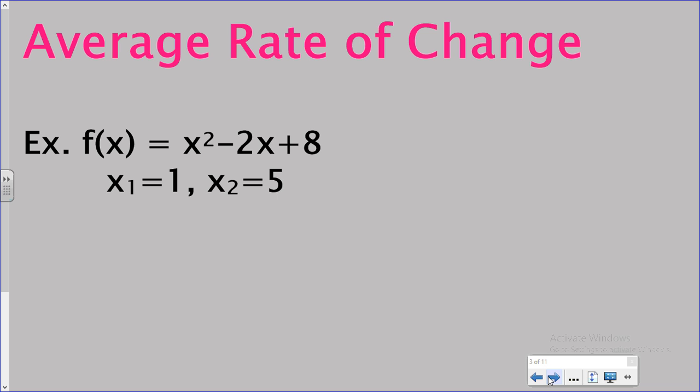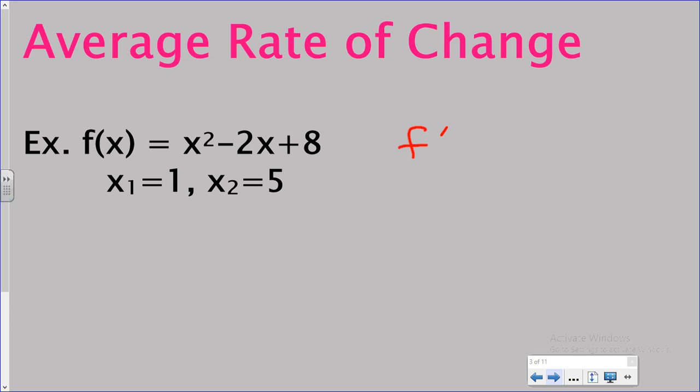Okay, so if we're going to find the average rate of change between these 2 points, what information do we need to know before we calculate the rate? We need the f of x value. We need that y value, right? Can we find that? By doing what? Would plugging those numbers in work? Sure, let's try it. How's that sound?